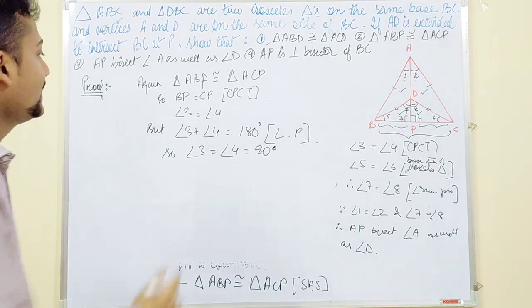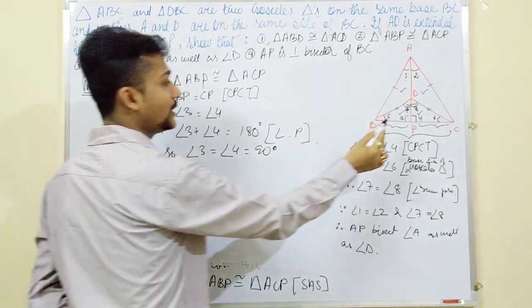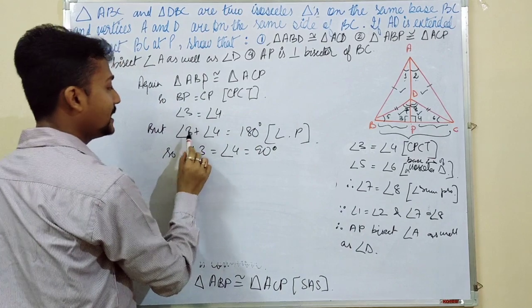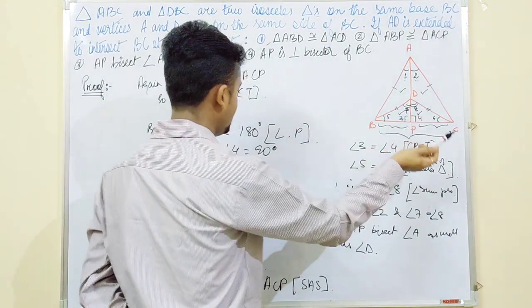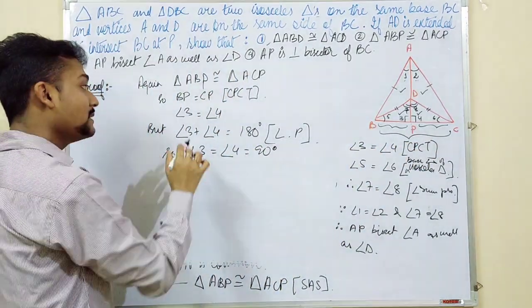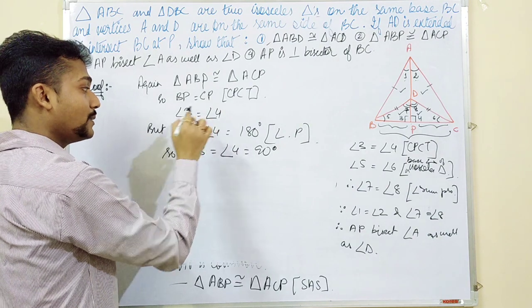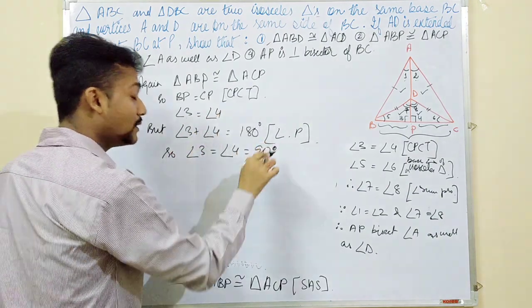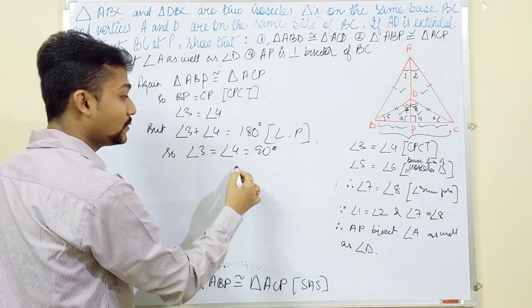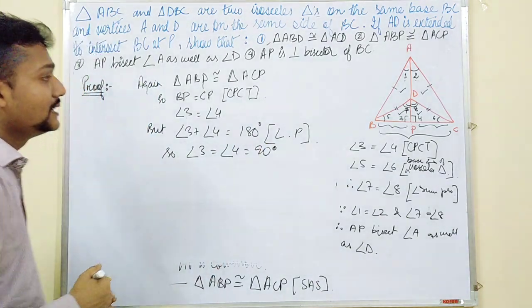What I am saying? Angle 3 is equal to angle 4, and angle 3 plus angle 4 is equal to 180 degrees, obviously a linear pair. So angle 3 is equal to angle 4 is equal to 90 degrees.